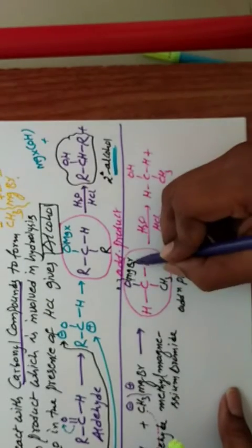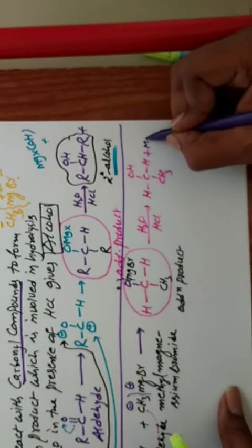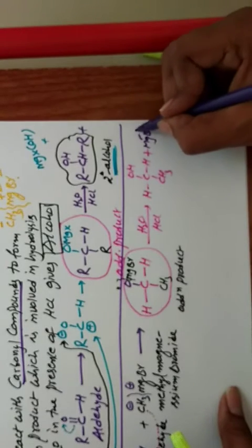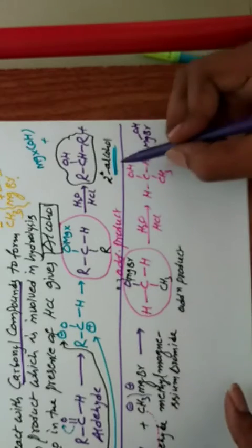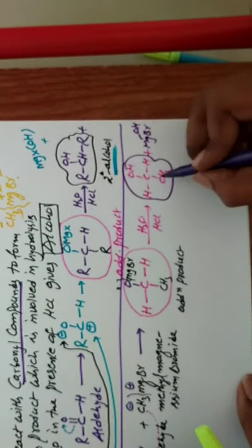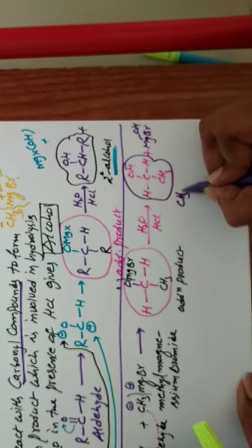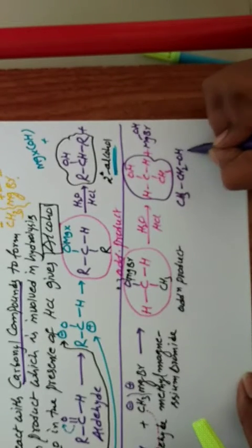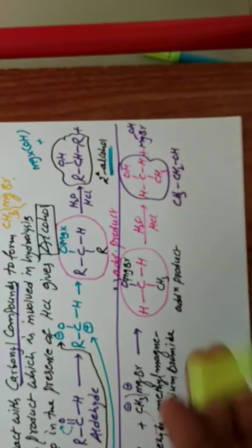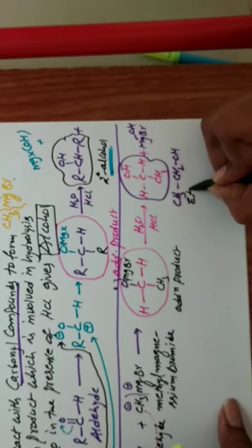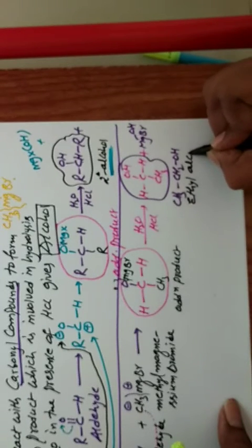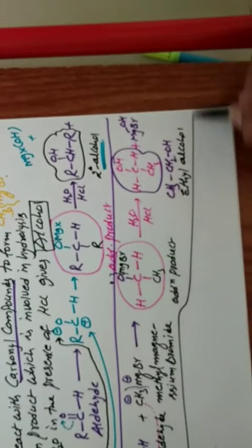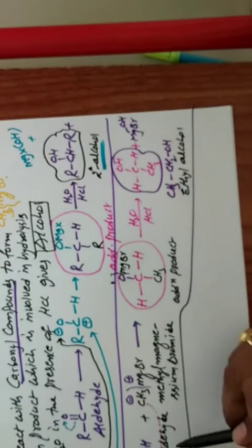MgBrOH. This is also written as CH3CH2OH. This name is ethyl alcohol. This is the reaction about formaldehyde.